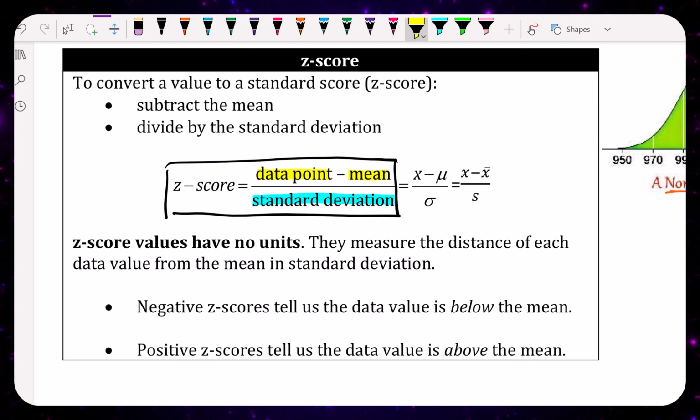Something else that's really important is that z-score values have no units. So if something starts in feet or inches or points on a test, when you convert it to a z-score, it has a number value, but it's no longer in points or whatever. It's just that many standard deviations away from the mean.